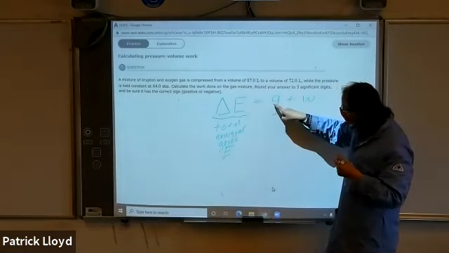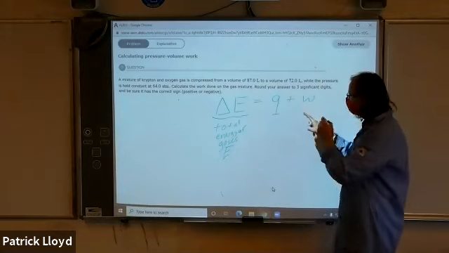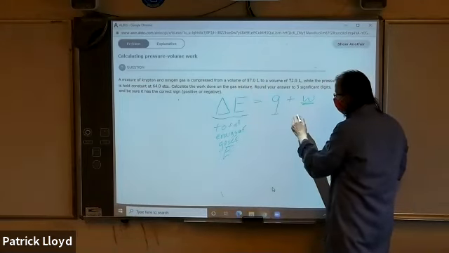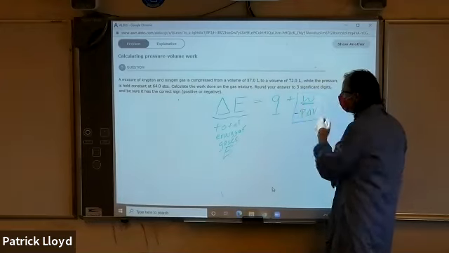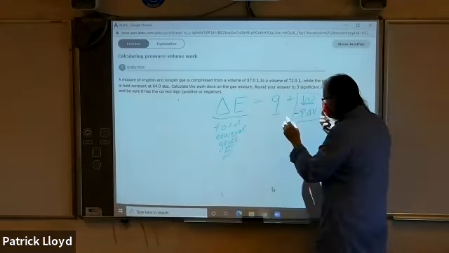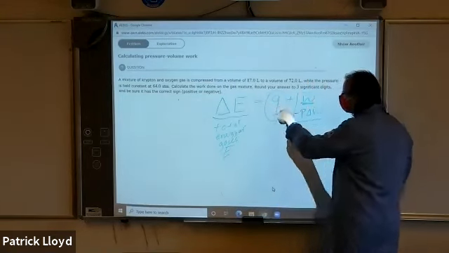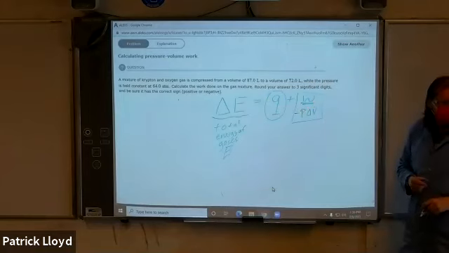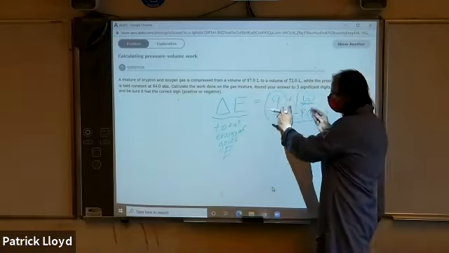They can gain or lose energy through heat or through work. This one right here is what we just calculated. In the next section on calorimetry, we're going to look at the equation for the other one, and then we'll have both equations to be able to calculate.